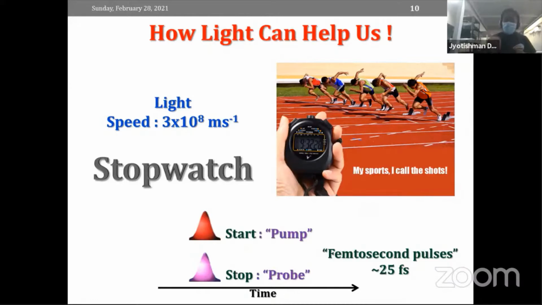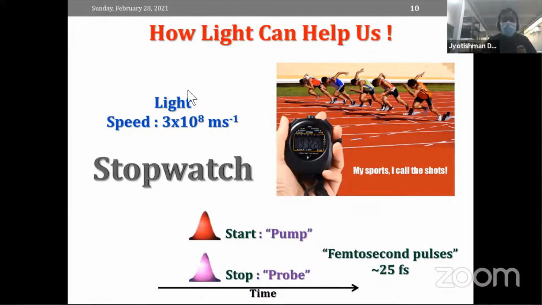Here the important thing is that I need a stopwatch with a resolution of femtoseconds. That means my stopwatch should be able to give me a record of time within a few femtosecond time scale.